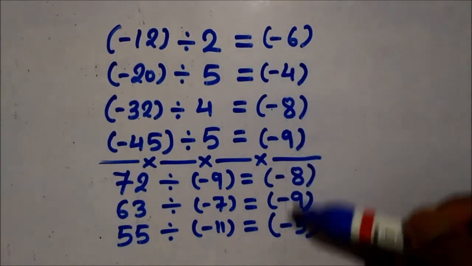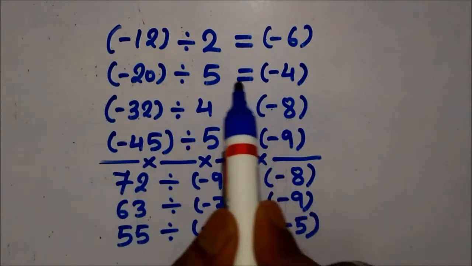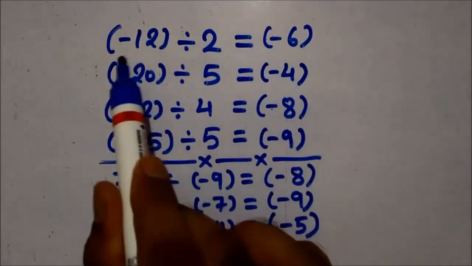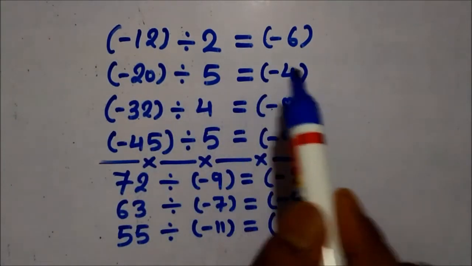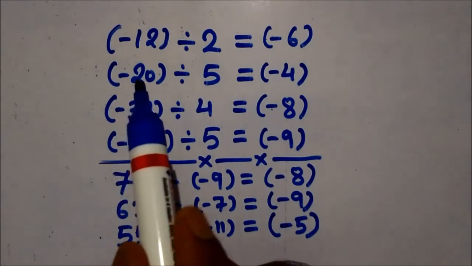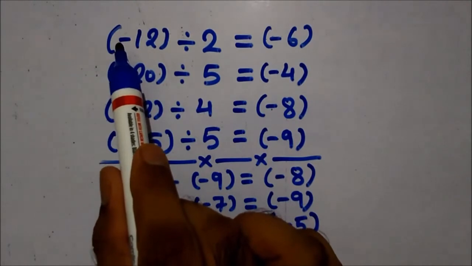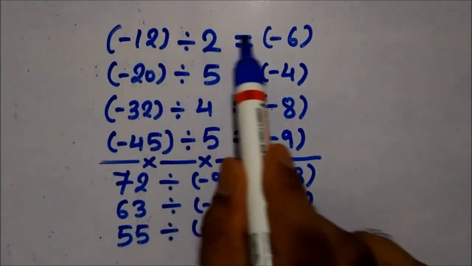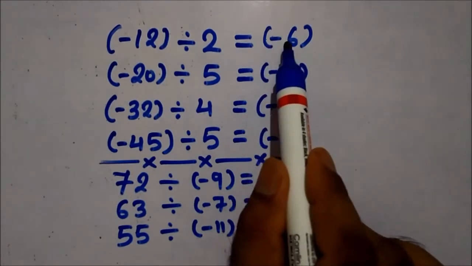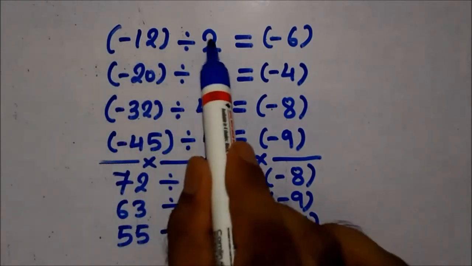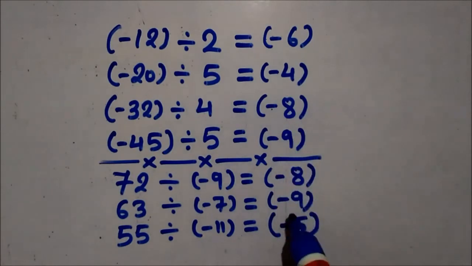So from all these examples, let's conclude that for division also, the rules of sign are the same as multiplication. In multiplication, a negative integer multiplied by a positive gave a negative product. So here also, negative and positive or positive and negative, the quotient is negative.